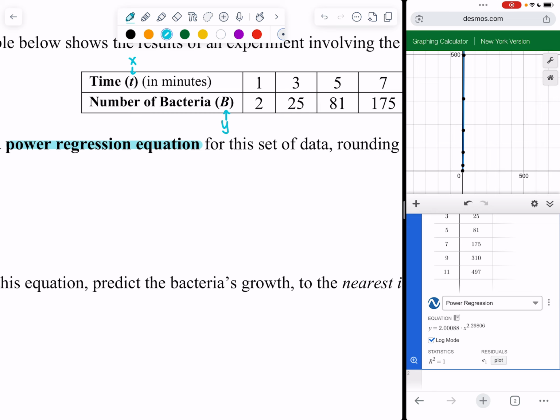So even though my calculator and the equation I might write down is y equals 2.00088 times x to the power of 2.29806, I really can't leave it like that. I need to make the x into a t, and the y should be a b.